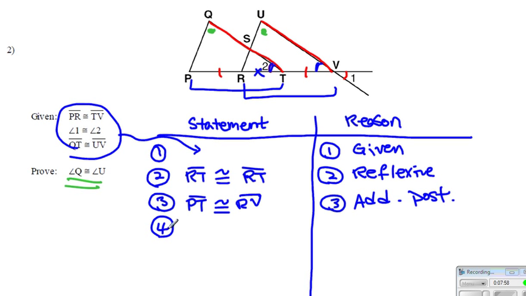Step number 4. So now we have 2 pairs so far, but you will realize that another thing is angle RVU is congruent to angle 1, because as you can see, the vertical angles are congruent.